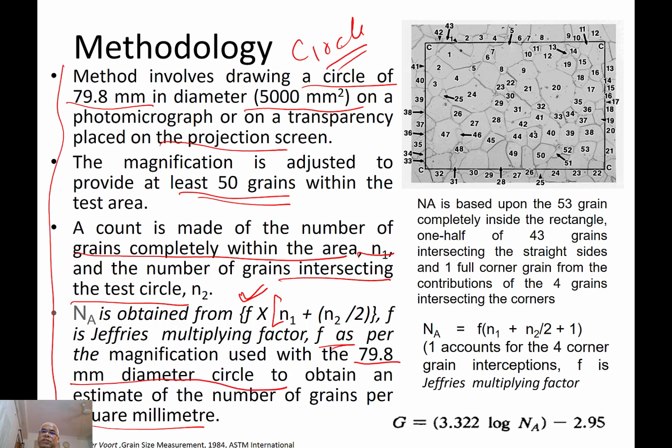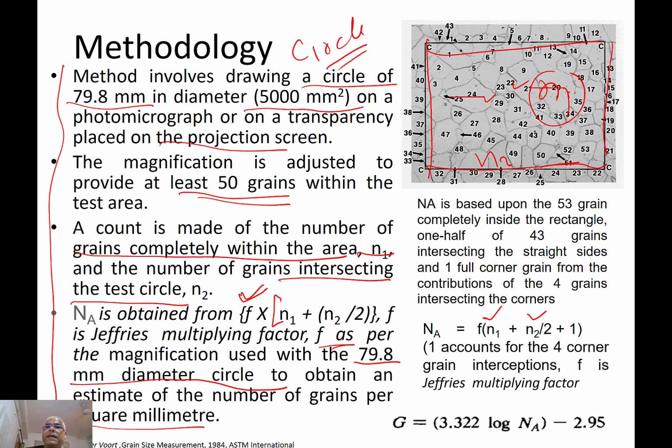Likewise, we can also use a rectangular area for quantifying the grain size using the planimetric method. When the rectangular shape is used, a rectangle of known area is drawn on the microstructure, and then we count the number of grains. The number of grains being intersected by these lines will give us n2. The number of grains within the rectangle will give us n1.